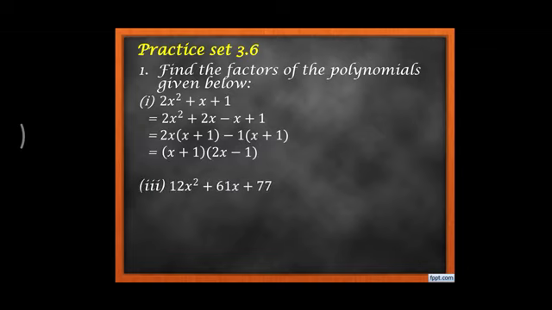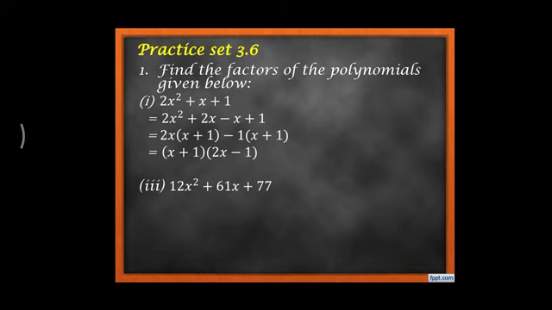Next we are doing question number 3. Here it is 12x square plus 61x plus 77. Now again these are bigger numbers, the first term and the third term. So we will multiply 12 into 77 and then we will factorize them.